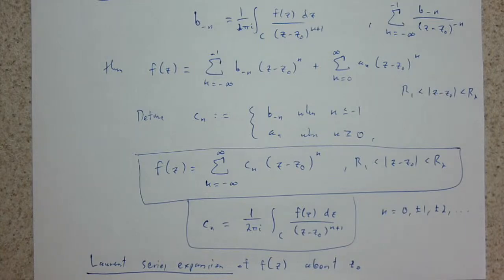But we can come up with a Laurent series expansion about that point that is analytic on some annular region. So it's still very much not analytic at that point, but it's analytic on some annular region of that point, and it gives us a way of expressing that function as a type of series.